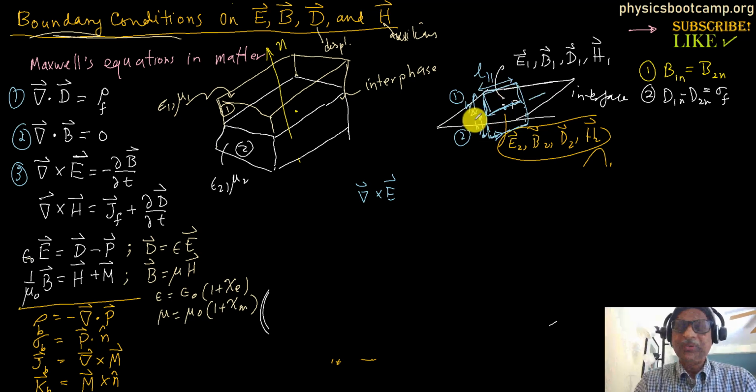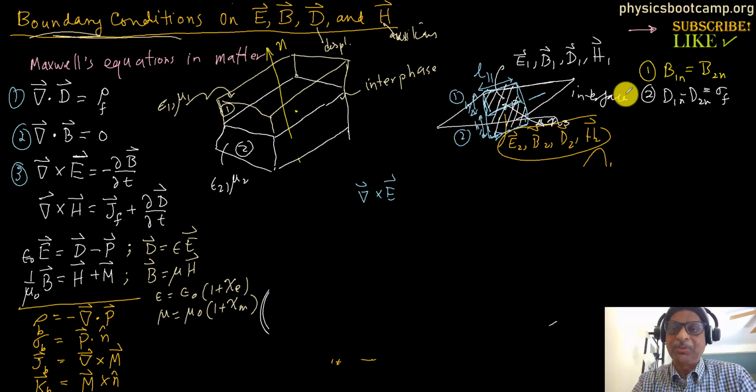So if I go around this, I integrate over this area and let the normal come out here. This is a new normal, not that normal. So now we have a new normal going on here.